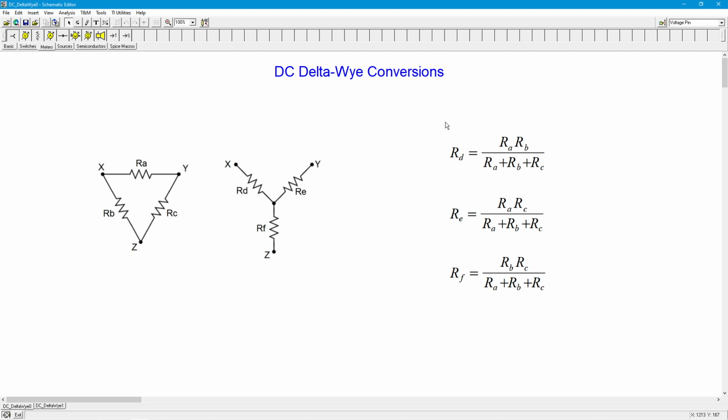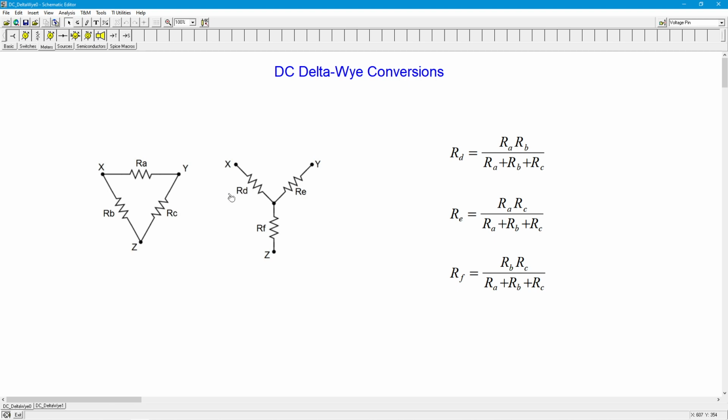So all we really have to do is follow these equations and do a substitution here and see what we come up with. Notice the denominators for these are all the same, RA plus RB plus RC, in other words, the sum of these. And then really, it's just a product of a couple of resistors in the numerator.